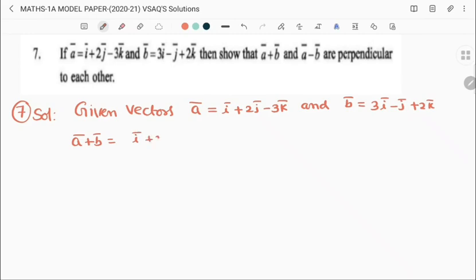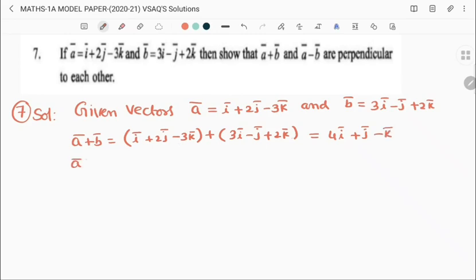First calculate a bar plus b bar. So i plus 2j minus 3k plus 3i minus j plus 2k. i bar plus 3i bar, so 4i bar. 2j minus j, so plus j. Minus 3k plus 2k, minus k.